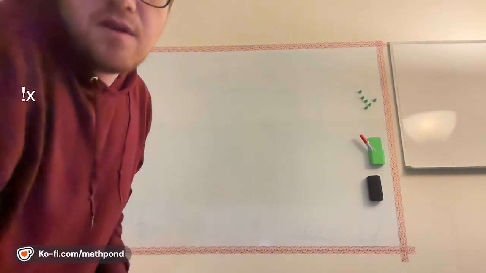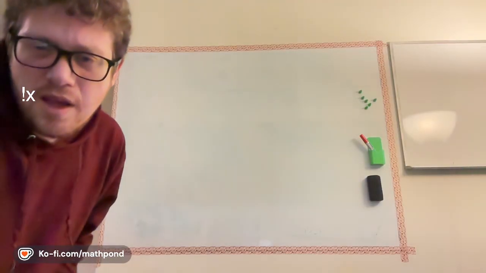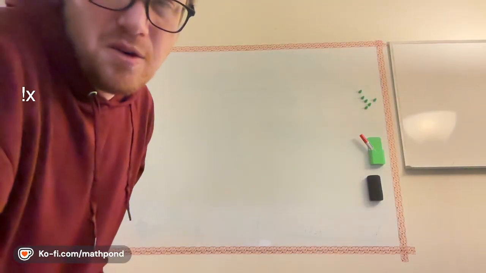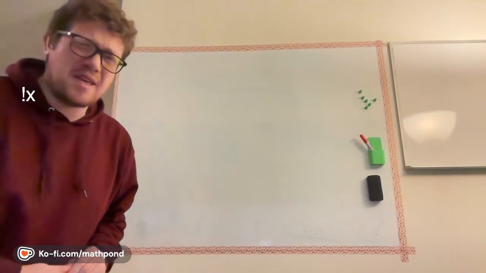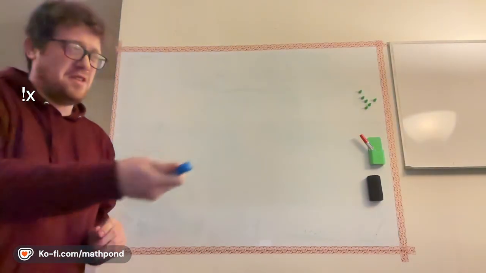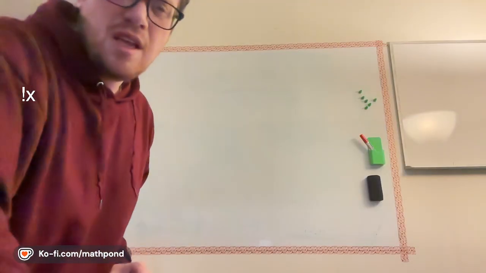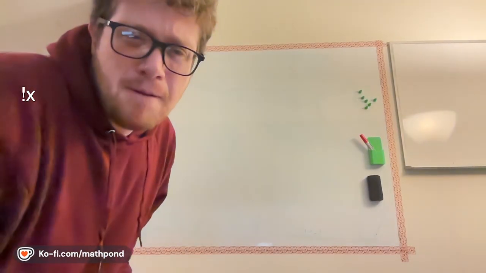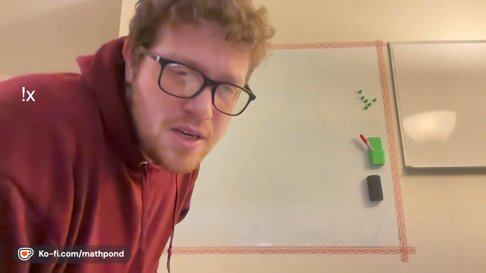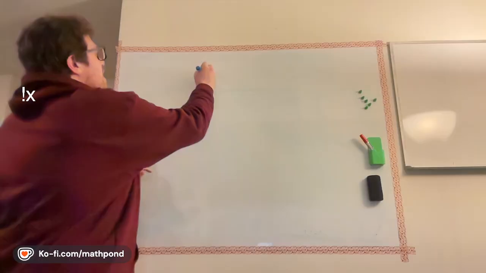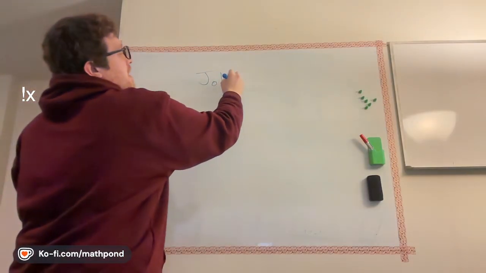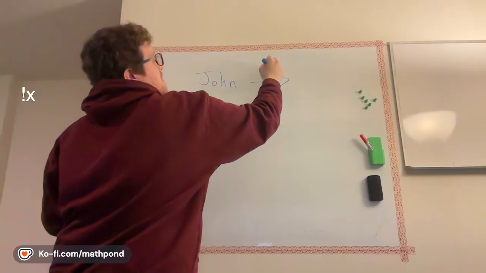All right. Yeah, you definitely need to learn Euler's formula for complex analysis. It makes a lot of the problems easier, especially that one we just did. Okay, so John invests $5,000 in an account. So John goes to the bank, he puts $5,000 in.